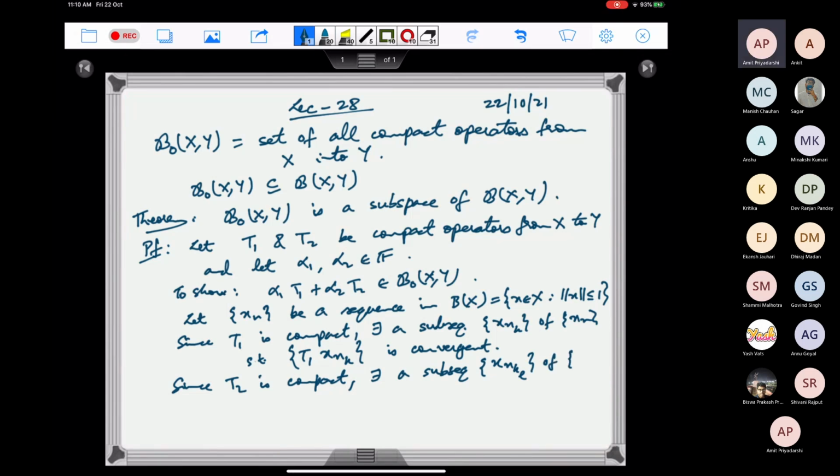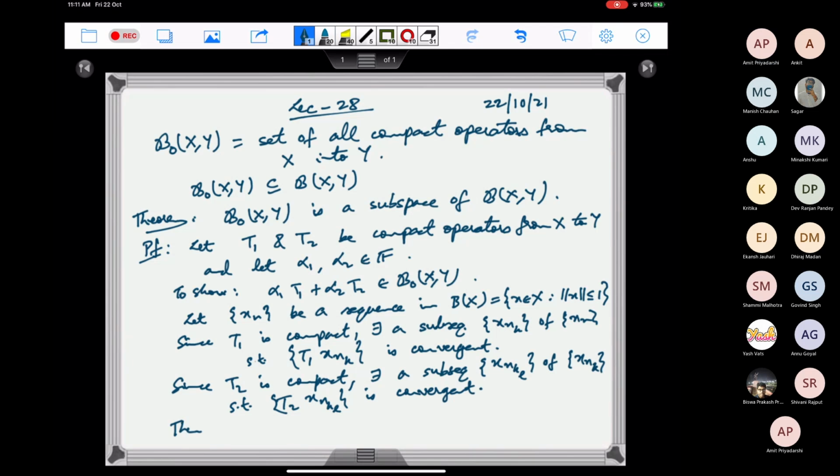So now I'll take a subsequence of this subsequence such that T2 of x_{n_{k_l}} is convergent.